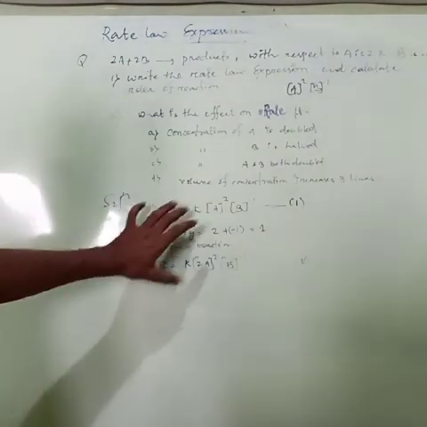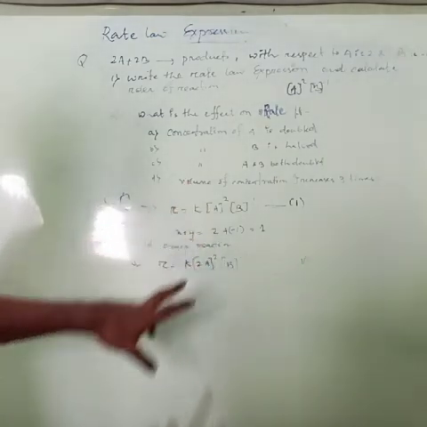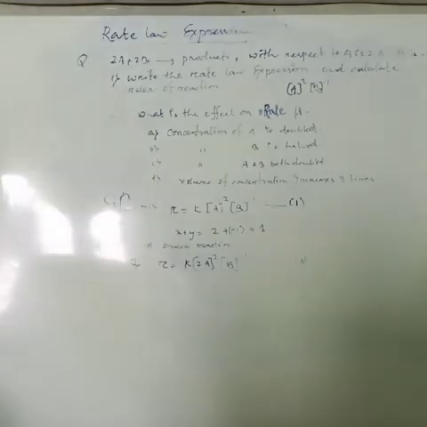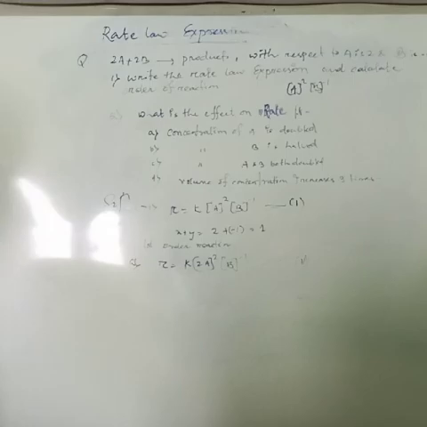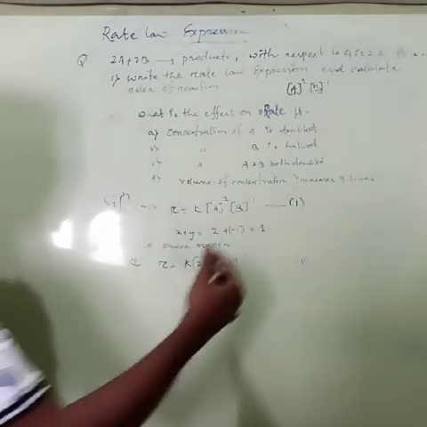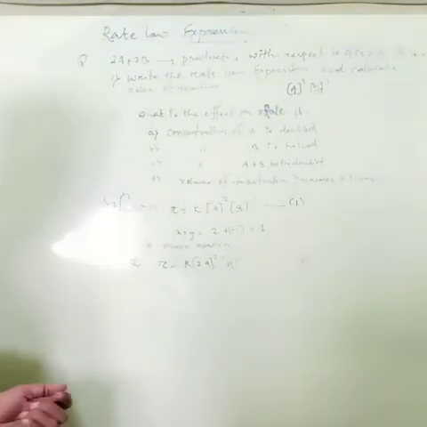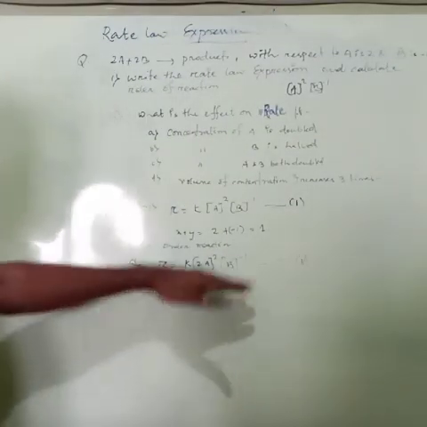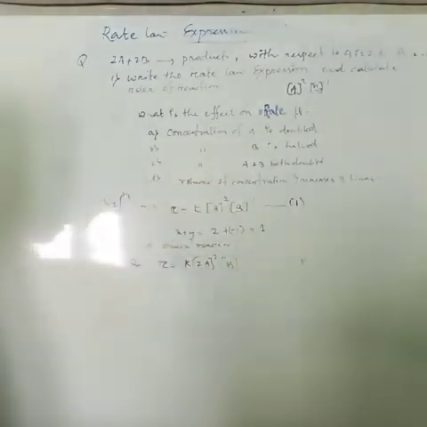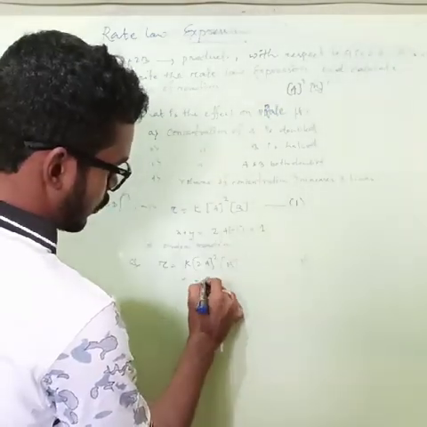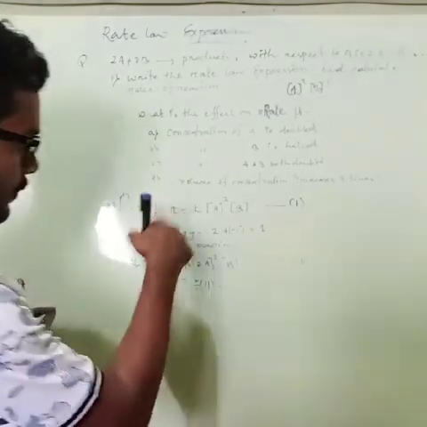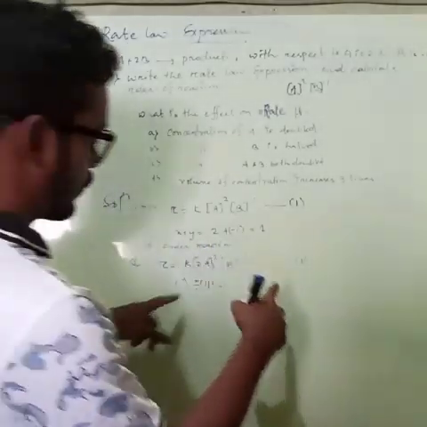So what will happen with the rate? Divide equation 1 and 2 by simple mathematics. What are you getting? 1 divided by 2.